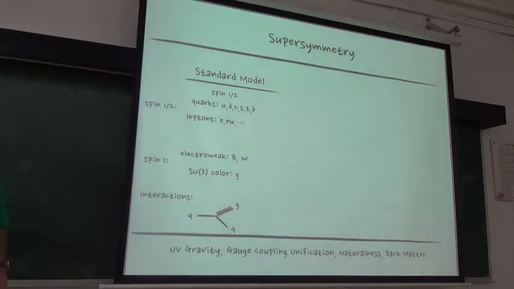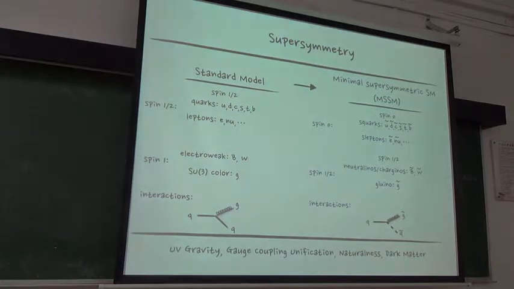Okay, so supersymmetry is an extension of the symmetries of the standard model. It's the maximal non-gauge extension of the symmetry of the standard model. The standard model has the gauge symmetries and Lorentz symmetries that we've discovered. And there's one extra space-time symmetry you can add to the model called supersymmetry that takes all of the standard model particles and pairs them with new particles that have different spins.